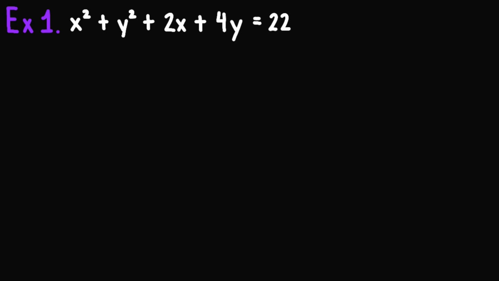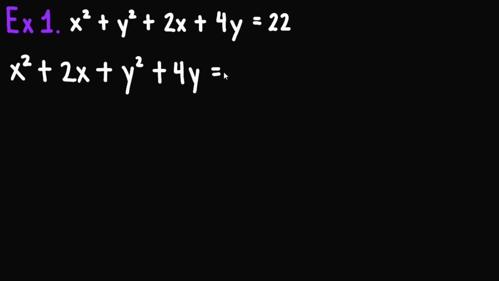So let's start. The first thing to do is to rearrange the terms such that the x's and the y's are beside each other. So we'll have x squared plus 2x plus y squared plus 4y equals 22.